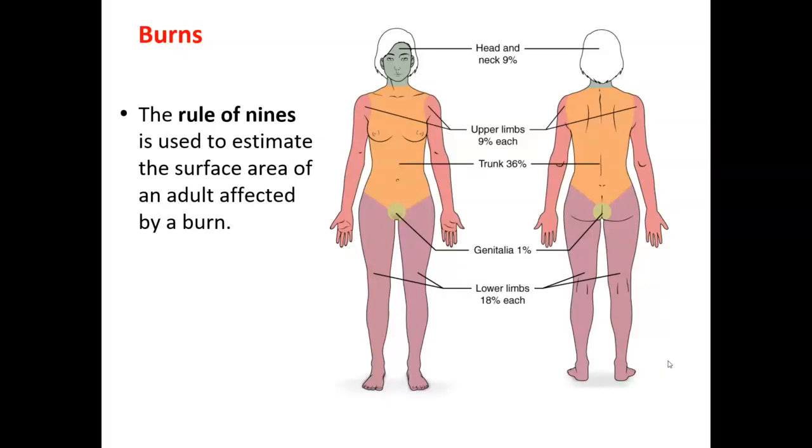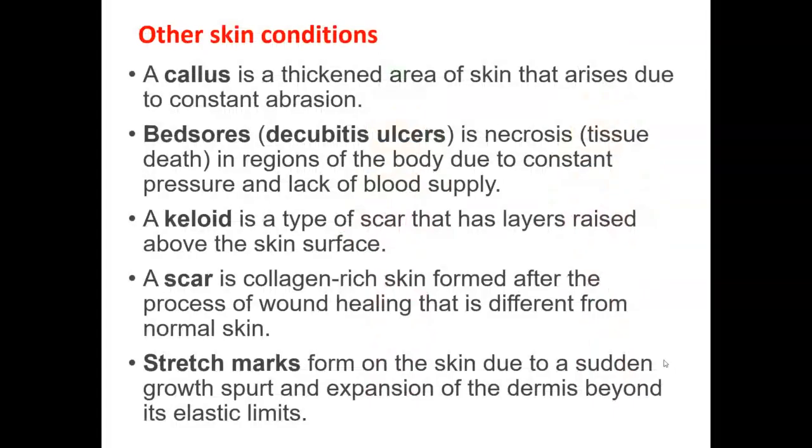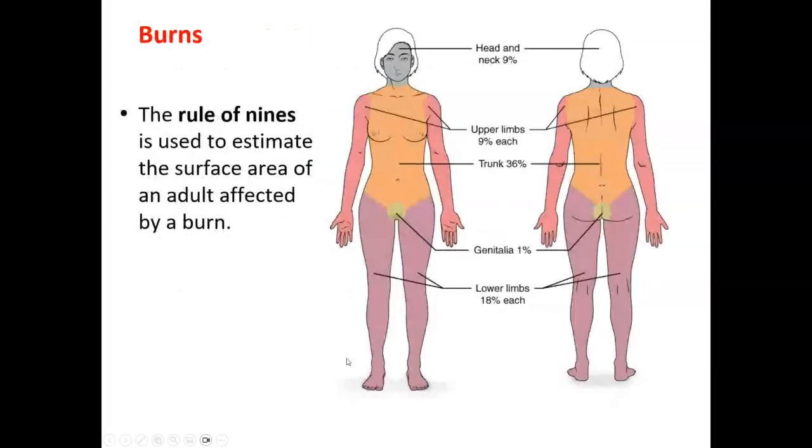It's not very accurate because even if just like 3/4 of the leg is burned, they'll call that 18%. And if only half of an arm is burned, they'll still call that 9%. But it's better than nothing. It's just a very quick estimate of the area that's burned.